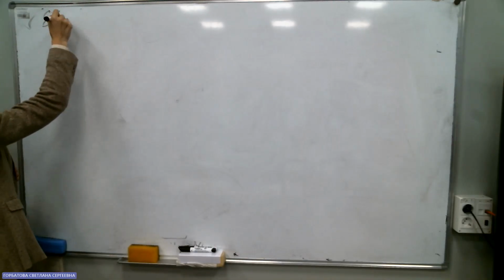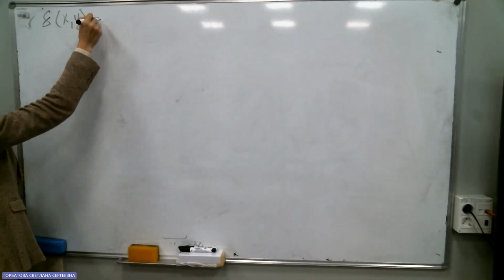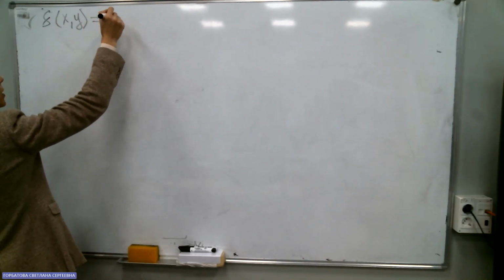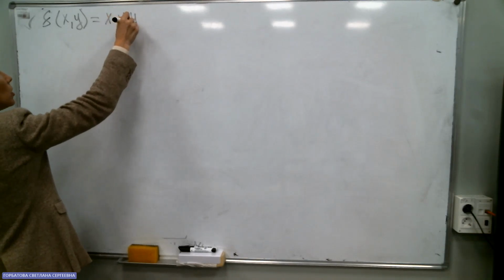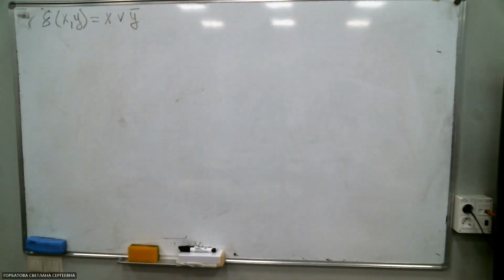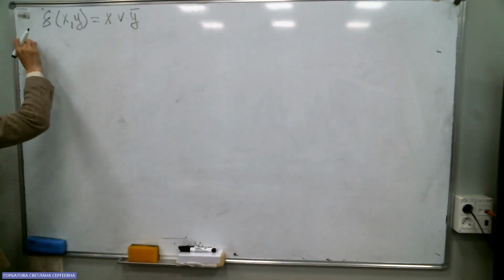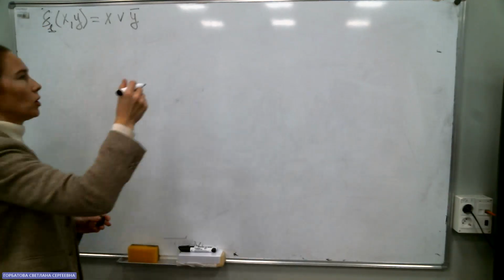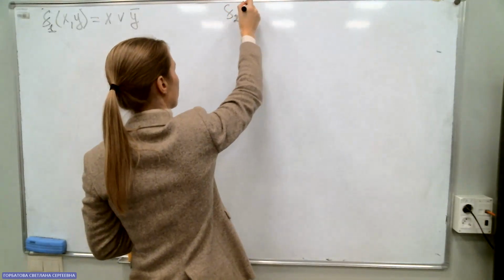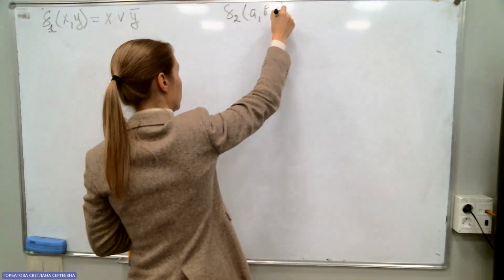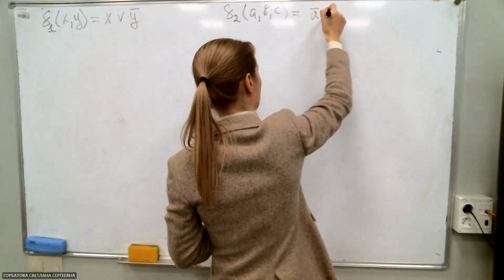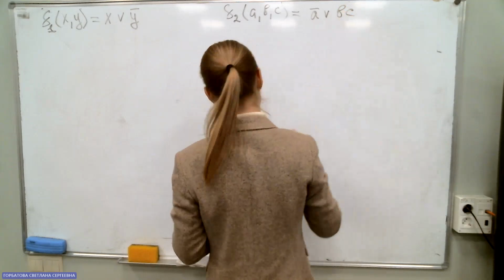F of x, y equals x disjunction not y. Basic function. So let's take function f1, and function f2 of A, B, C equals not A disjunction B, C.